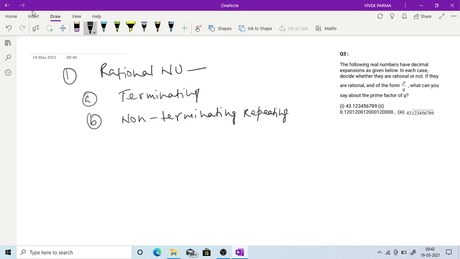So we have to see, if they are rational and of the form p upon q, what can you say about the prime factors of q, right?